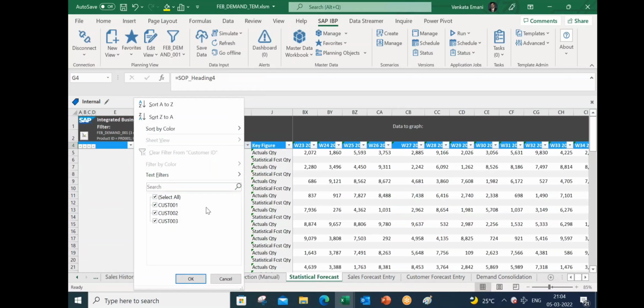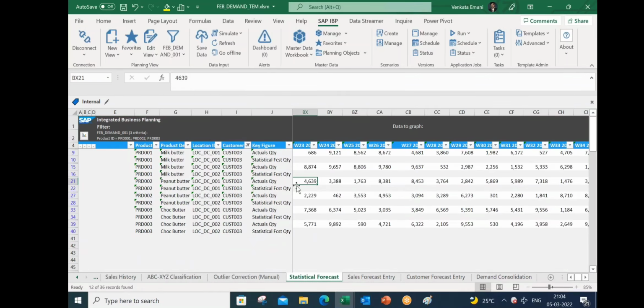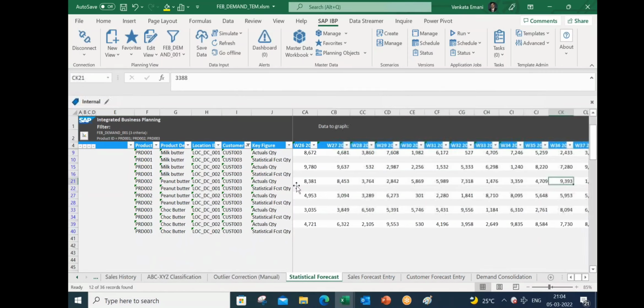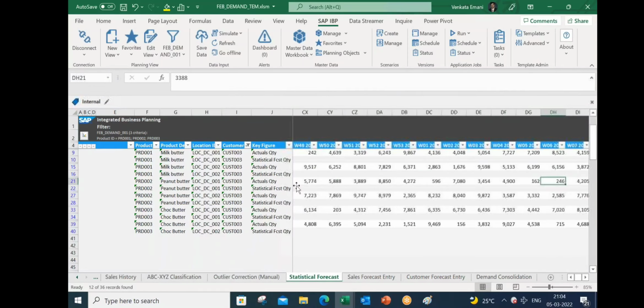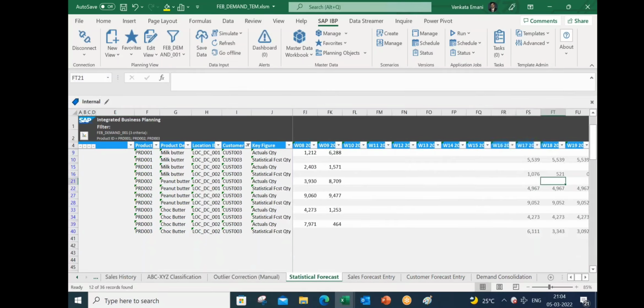So I think we were checking customer 3. I forgot what the product is, so I have given customer 3 and product 1, I guess. Yes, this one, product 1, location 2.